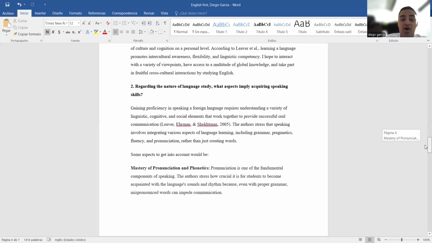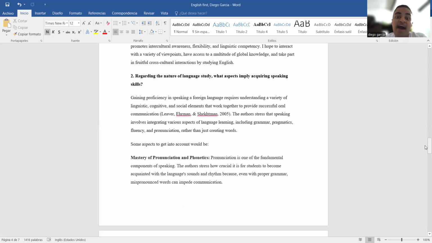Regarding the nature of language study, what aspects imply acquiring speaking skills? Gaining proficiency in speaking a foreign language requires understanding a variety of linguistic, cognitive, and social elements that work together to provide successful oral communication.